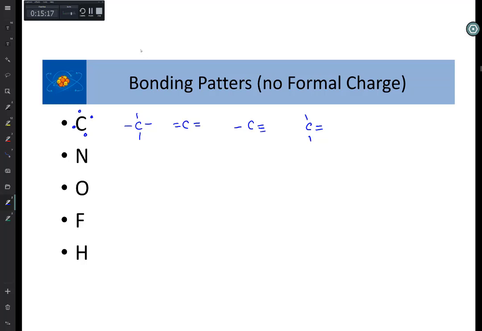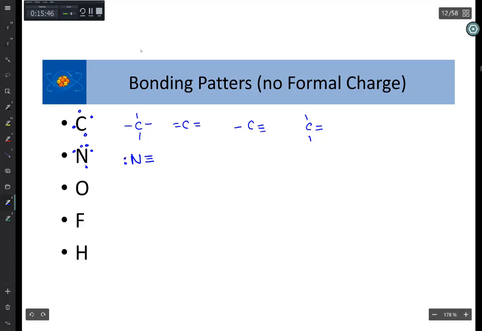Okay. So nitrogen would look like this. What can nitrogen have? It can have a triple bond, right? Oh, sorry, I drew carbon again. What else does it have to have if I do that? A lone pair.